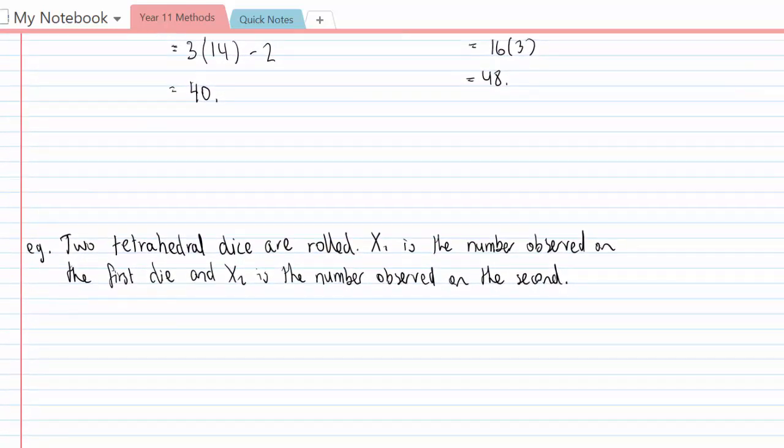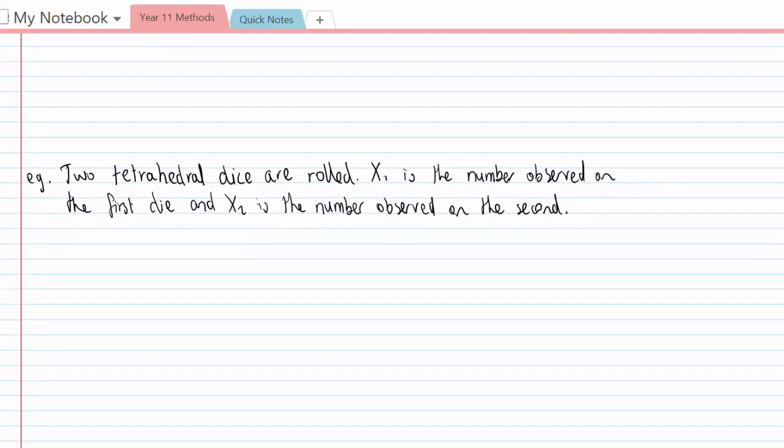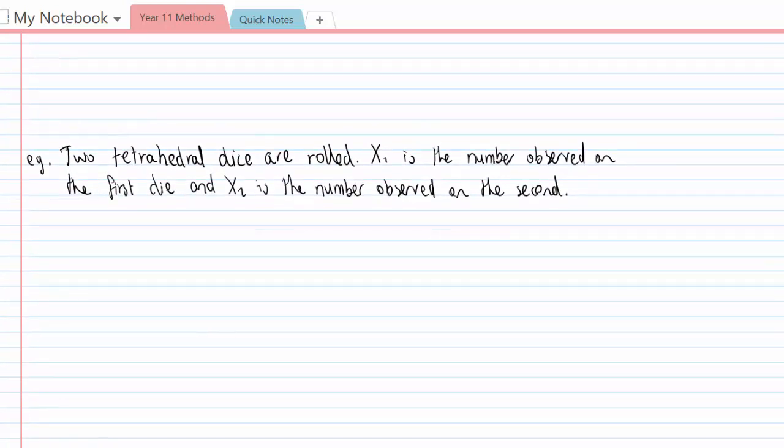Now, we have this next part, and this is going to help us to develop a couple of other rules. So I made the question a little bit nicer because I just didn't want to draw massive tables and stuff. So I've just got 2 tetrahedral dice. So that's a 4-sided die. And so we have x1 is the number observed on the first die and x2 is the number observed on the second.